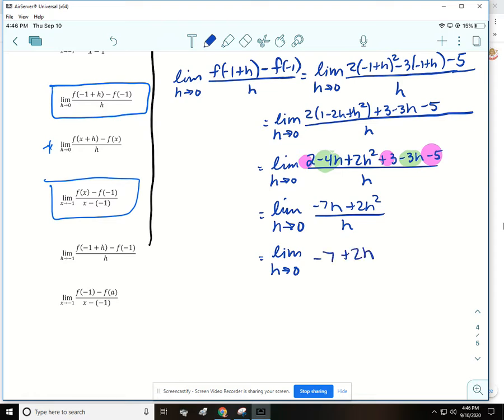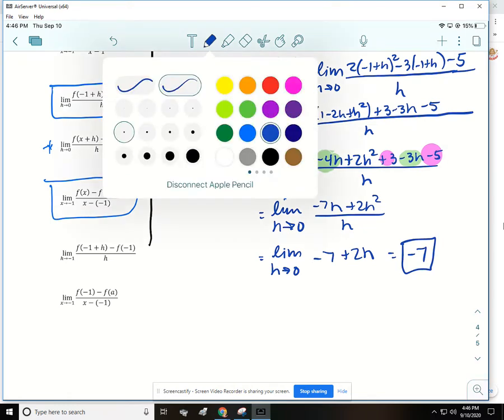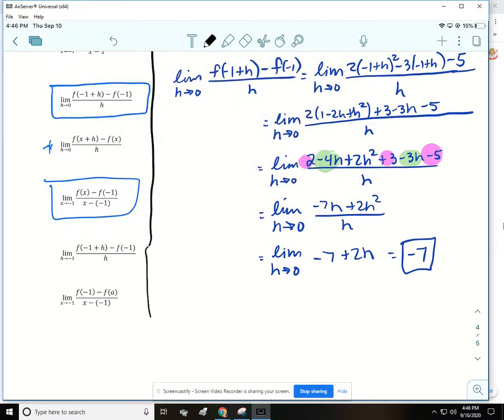Okay, so once that h cancels out of the bottom, we're ready to plug in 0, and that's just going to be -7. So that was similar to ones we did on the front.